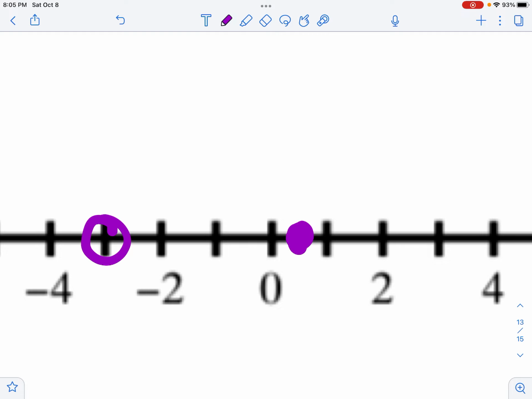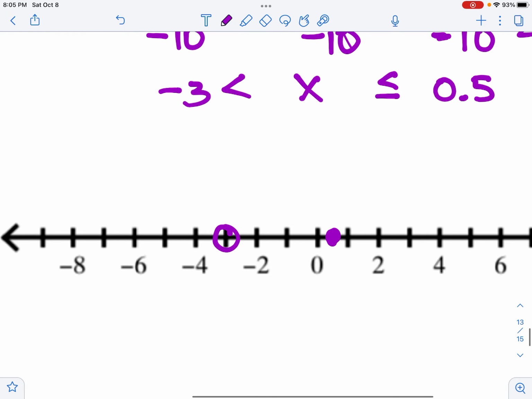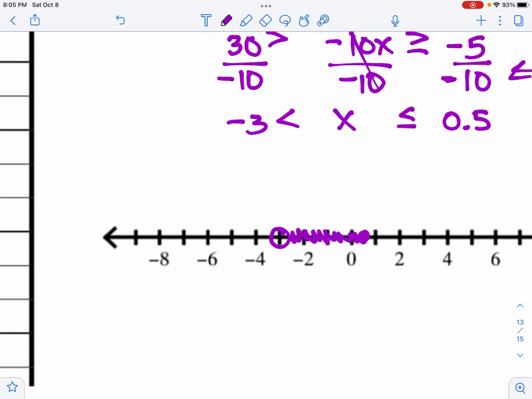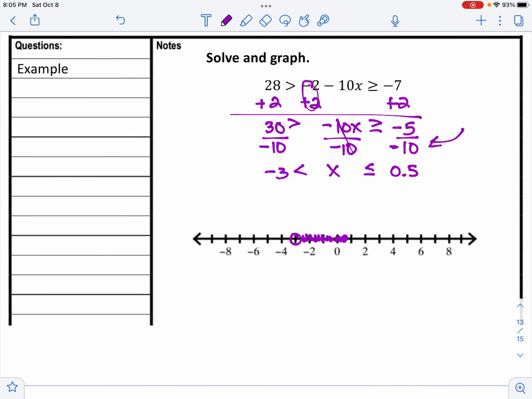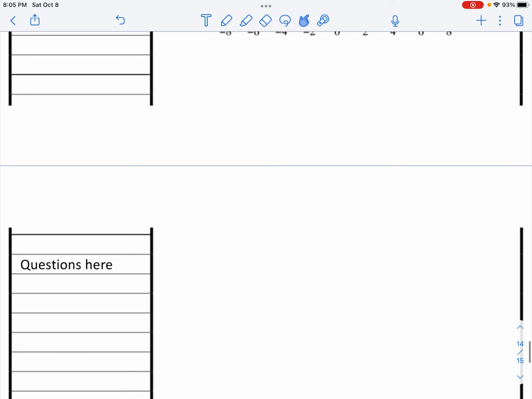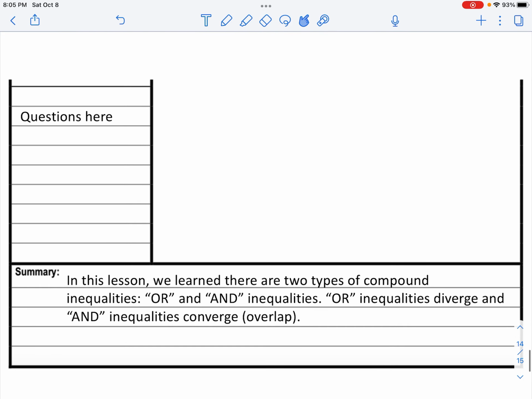I guess I'll make that a little bit bigger. And then shade everything in between. And there we go. That's a condensed form. Kind of weird, but that's how you solve those, both the "and" and the "or" situation. So I hope that helps and makes sense. Good luck.